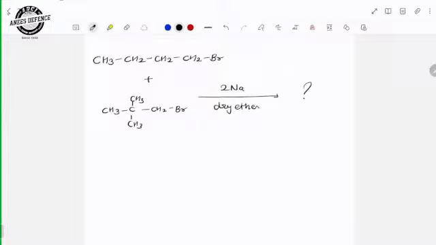Or you can tell the answer with the help of the IUPAC name. Just try it out. I'm giving you 2 minutes, okay?